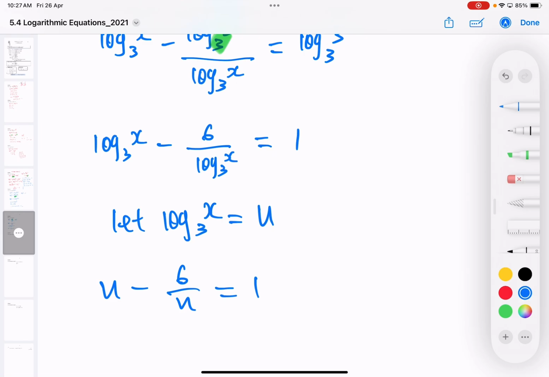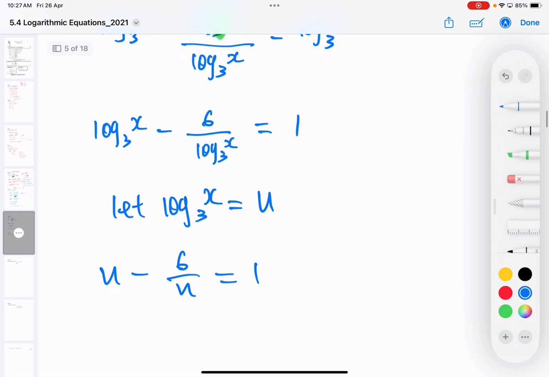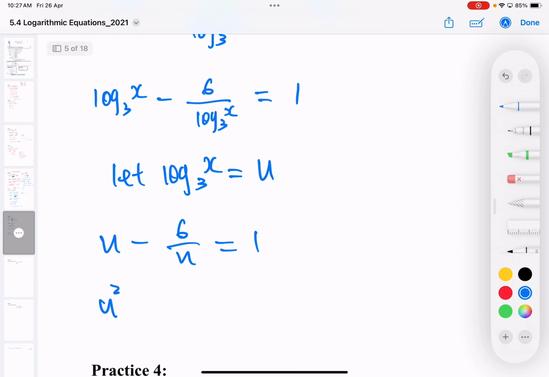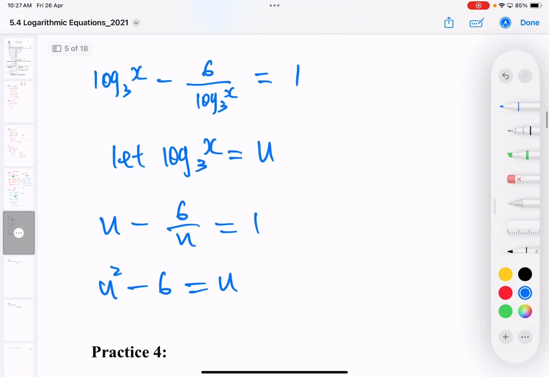If I multiply by U to every single term, because I don't like fractions. Whenever you see fractions in math, try to get rid of them. To get rid of fractions, I need to multiply by U. So if I multiply every single term by U, I get U squared minus 6 is equal to U. If I bring everything to one side, can you solve for U?